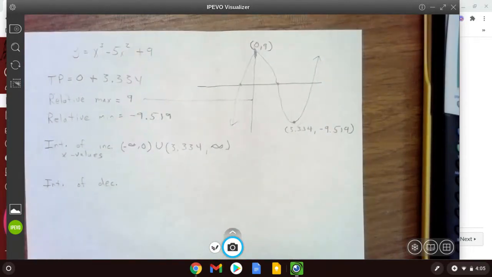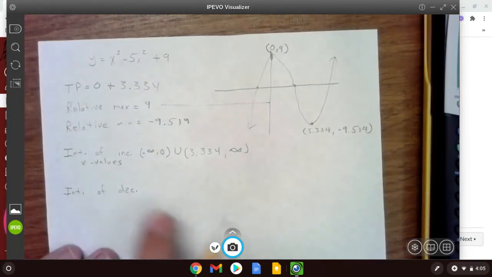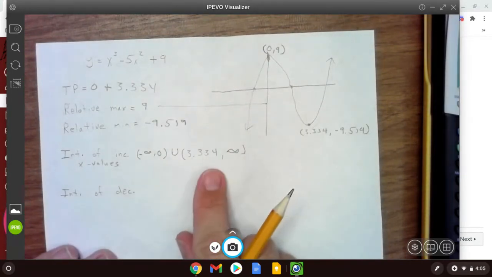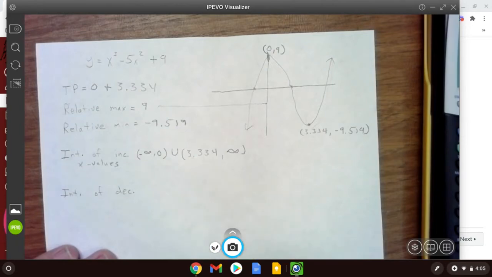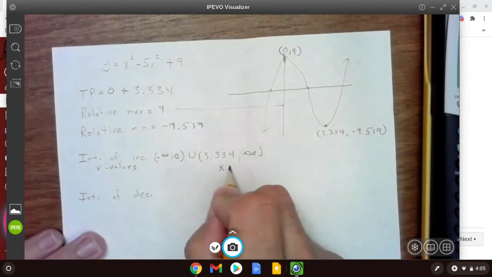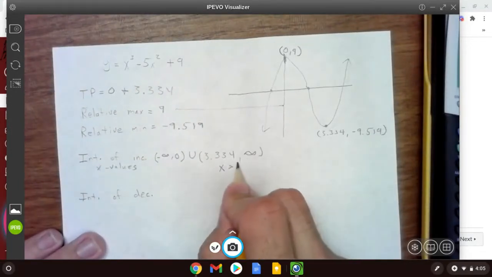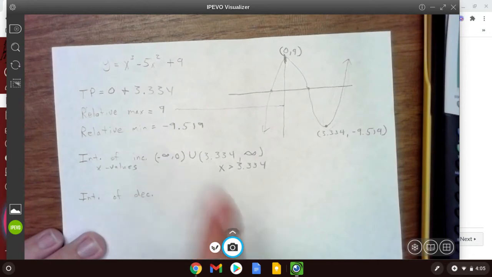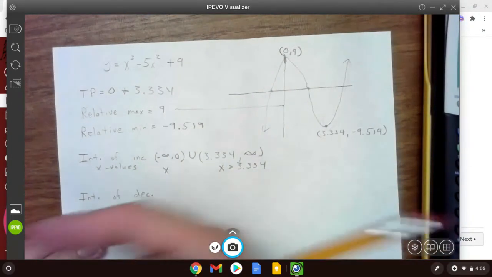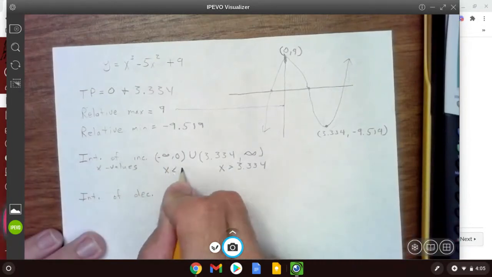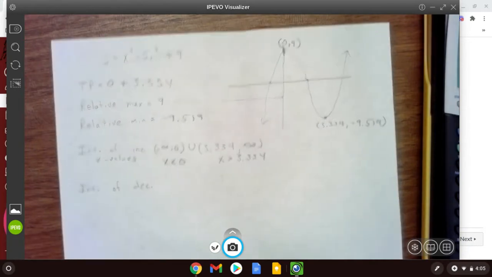And if you wanted to describe this with inequality or algebraic notation, this would be all the x values that are greater than 3.334. And this one would be all the x values that are less than 0, negative infinity to 0.